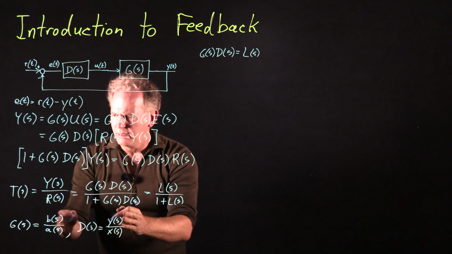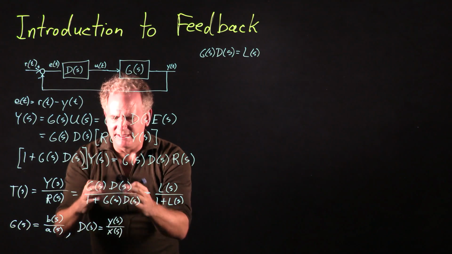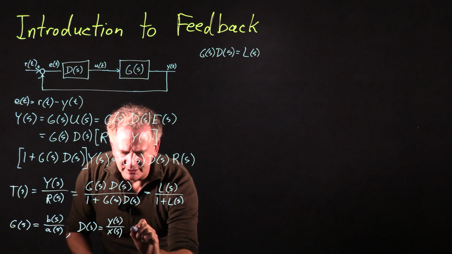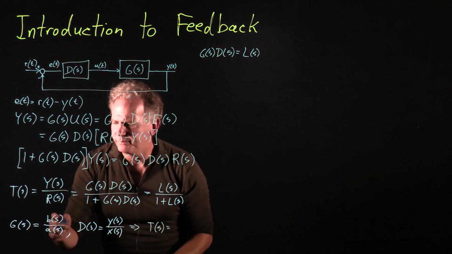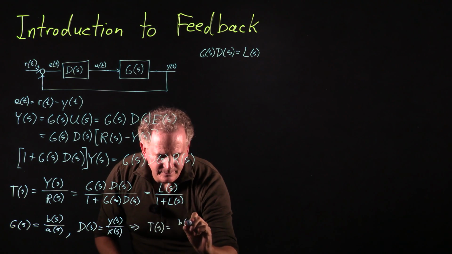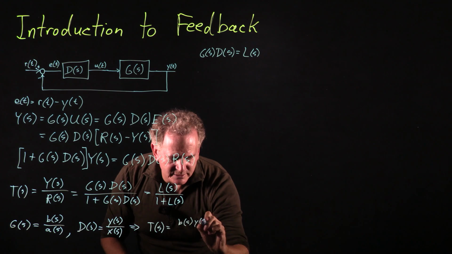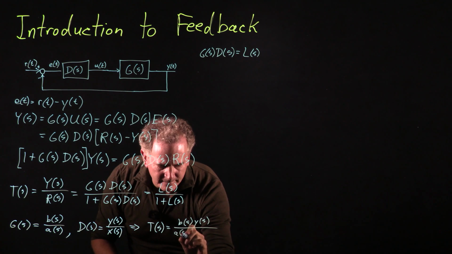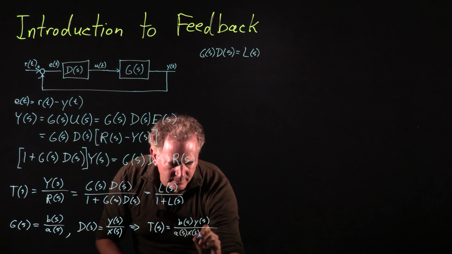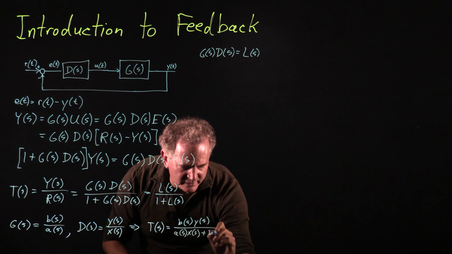Then we can plug in G(s) and D(s) into here and clear the compound fraction to get T(s) is simply B(s)Y(s) over A(s)X(s) plus B(s)Y(s).